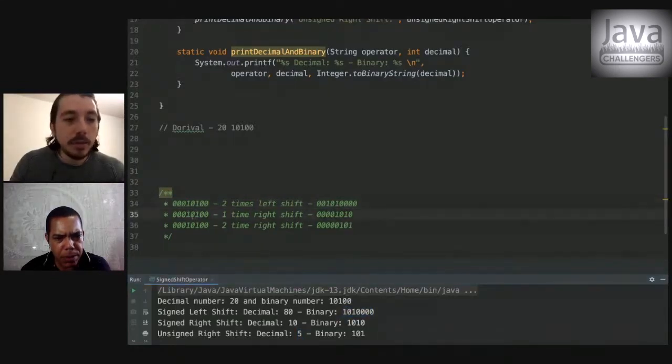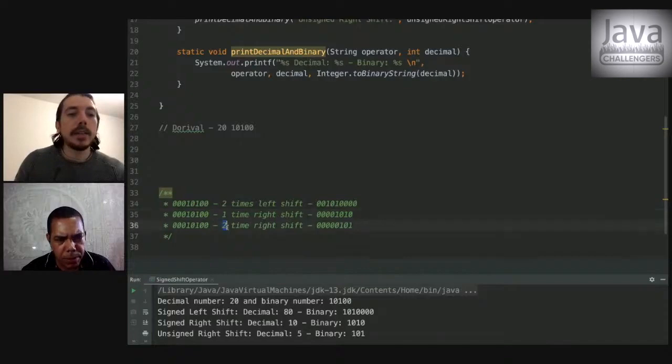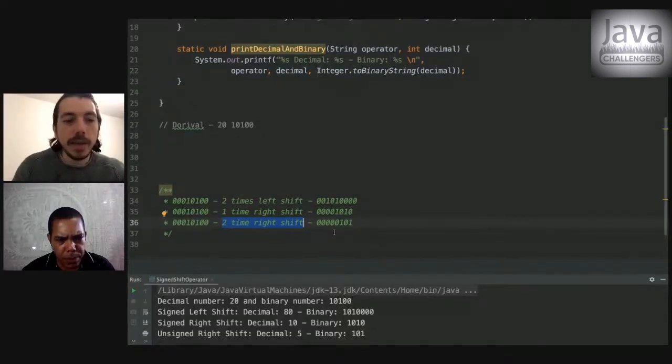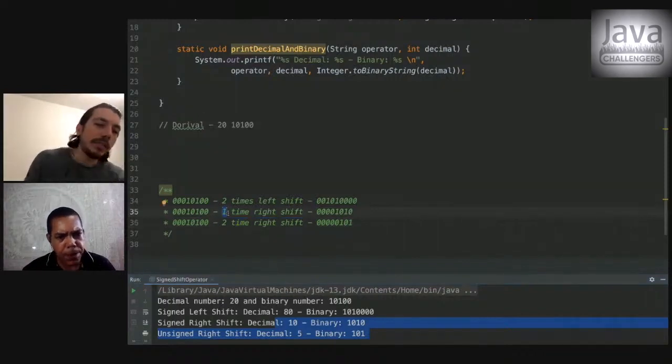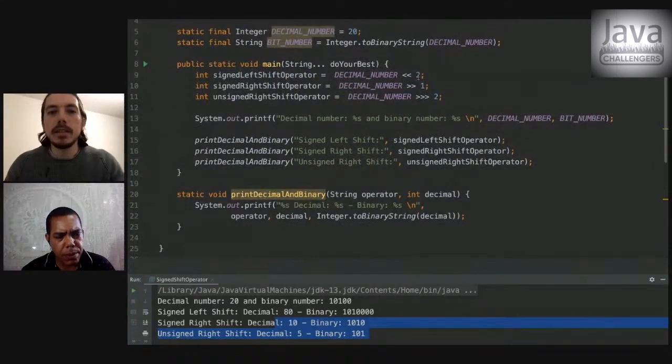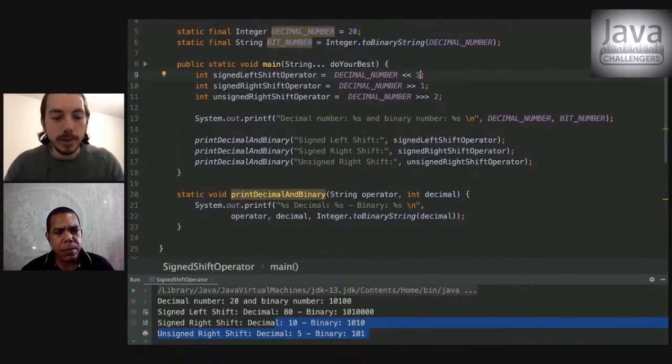The same situation occurs here: we're moving the number 1 time to the right, and here we're moving our binary number 2 times to the right, which makes those numbers either become the half if we are using just one shift, or become the double. I can show you: if we change the left operator, we're going to have the double.